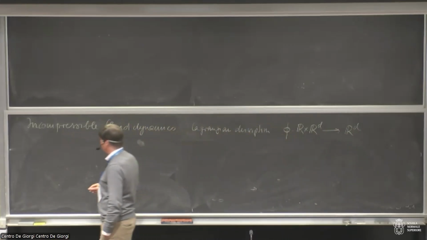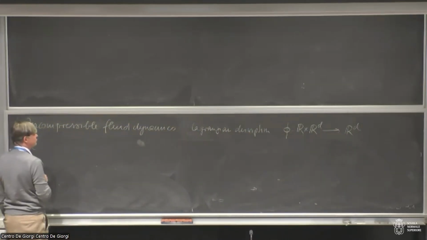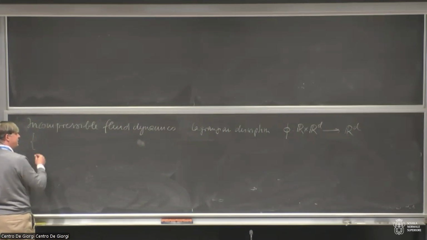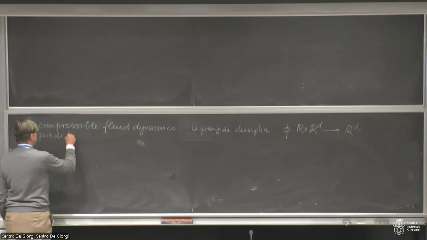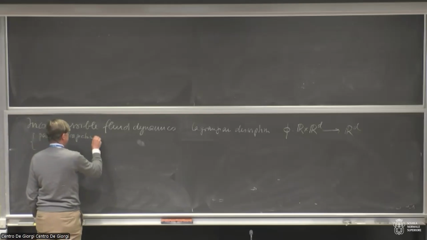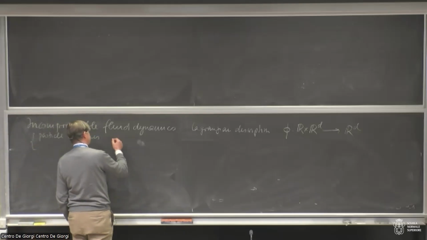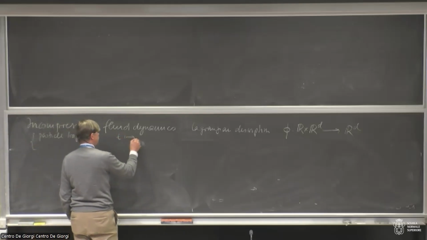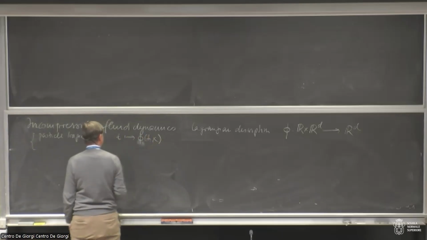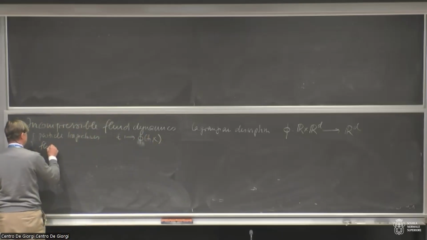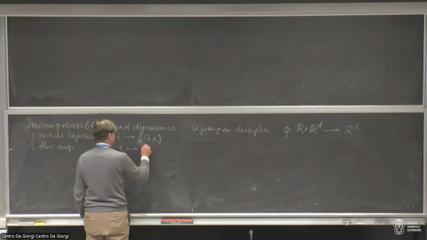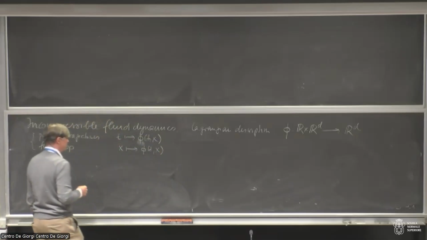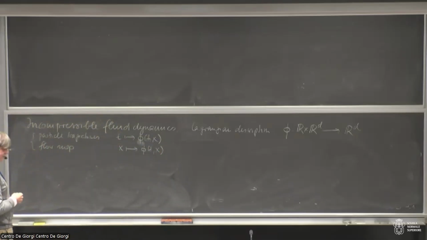As you know, you can look at this in two ways. On the one hand, this map collects particle trajectories, if you fix the x and you look at it as a function of time. But on the other hand, it also gives you access to what's called the flow map, which is the opposite: if you fix the time and you look at it as a nonlinear transformation of Euclidean space.